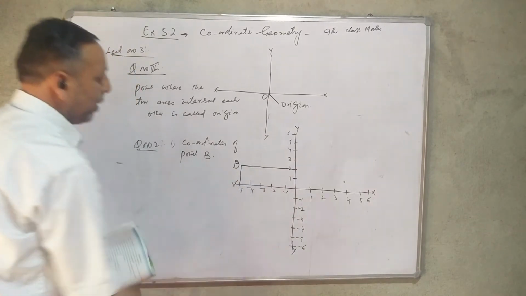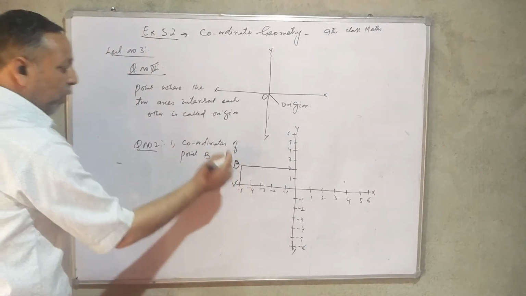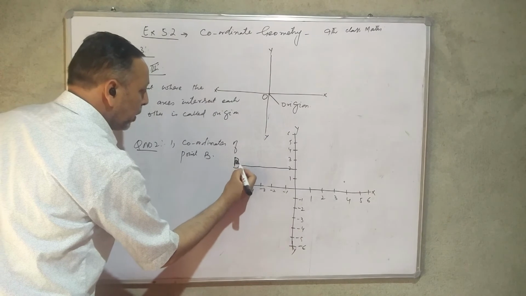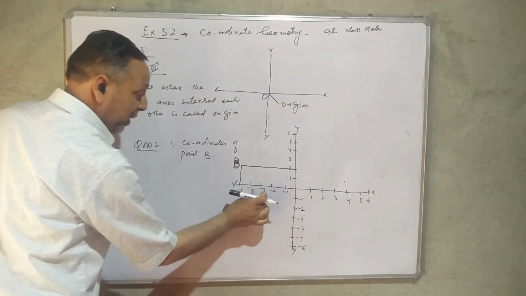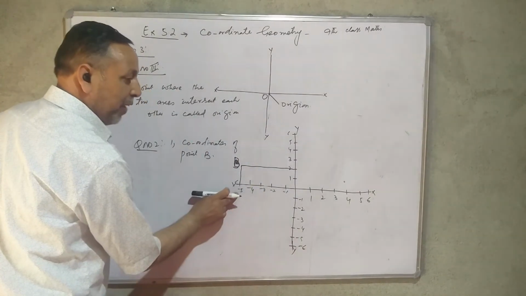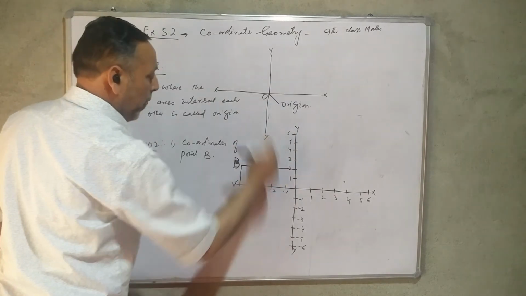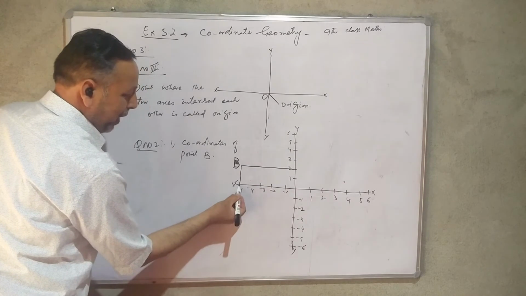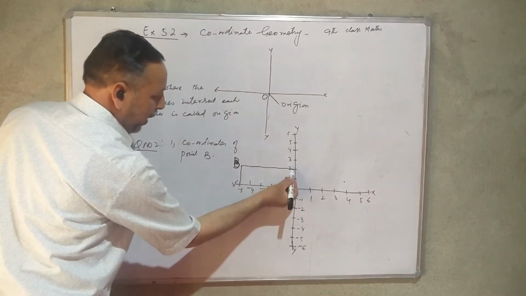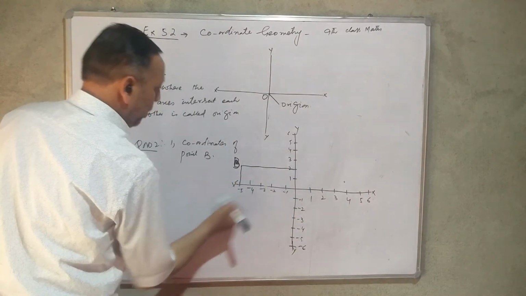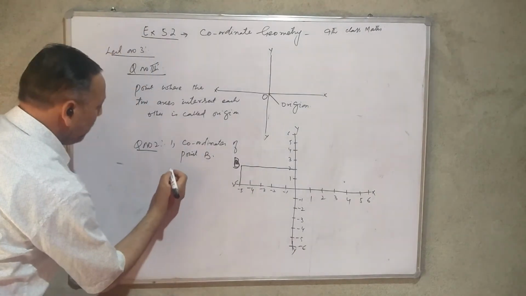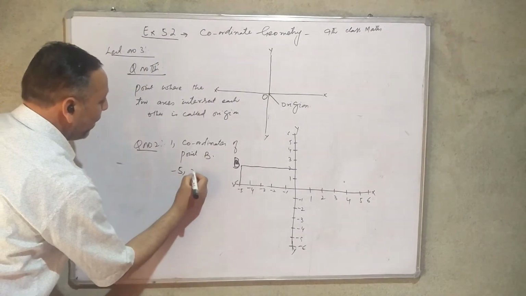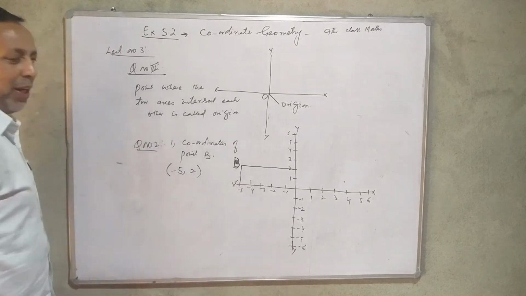What are its coordinates? When we write the coordinates of a point, we first write the value of x and then the value of y. The value of x is -5, and the value of y is 2. Therefore, the coordinates of point B are -5 and 2.